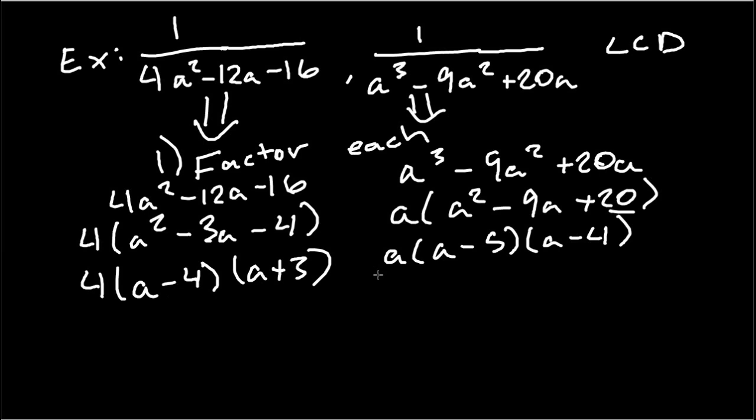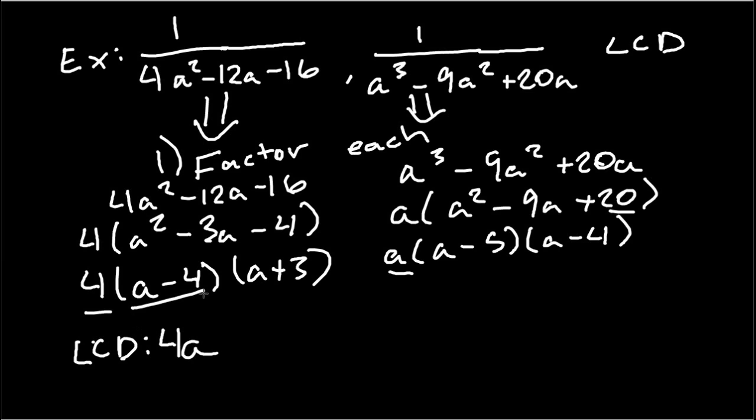So now, same thing as we did before, for our LCD we write each factor the number of times it appears the most. Here's 4. 4 appears once and none, so once is how many times it's going to appear in our LCD. Now let's look at a. A by itself appears once here and no other time, so a appears once in our LCD.